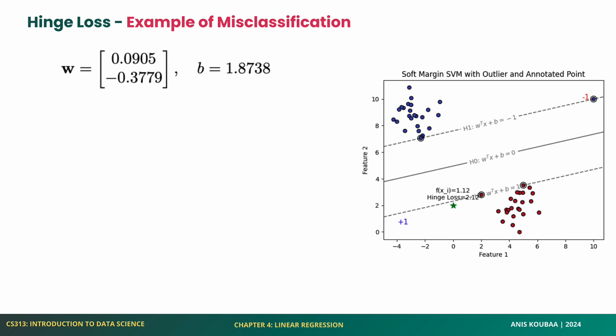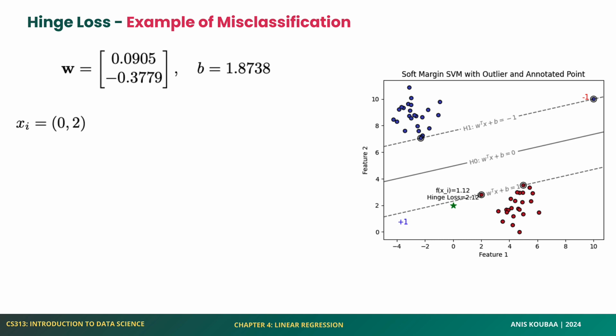So W plus B represents this line, which captures the relation between feature 1 and feature 2, and we have the bias. Now, given this point x02, which is this one, I would like to calculate the hinge loss. So we're going to apply the formula.